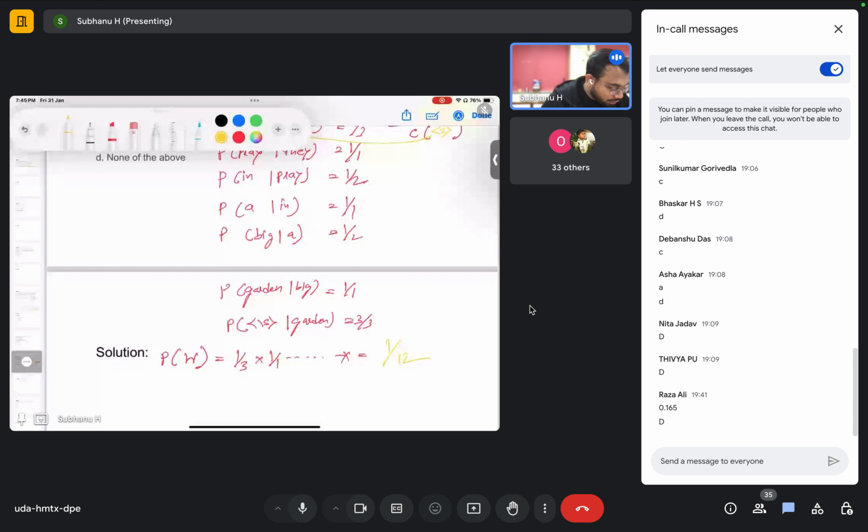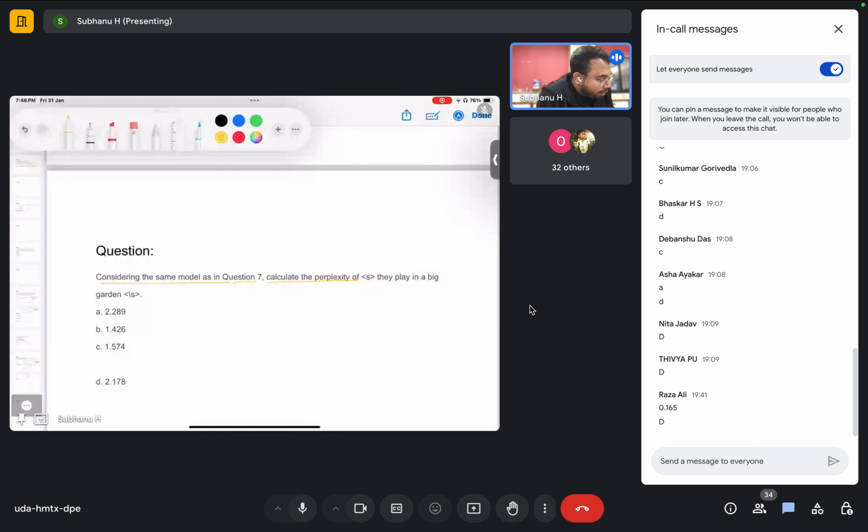Now comes the second question. The second question is: consider the same model as in question 7. Calculate the perplexity of S, "they play in a big garden". So we have to calculate the perplexity. I told you what the formula of the perplexity is. Perplexity was the word given, to the power minus 1 by n.